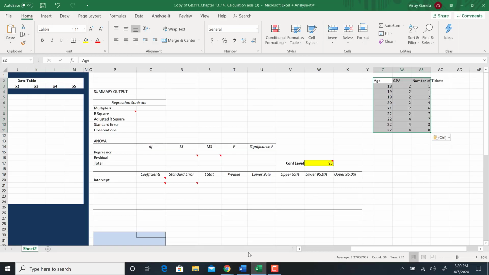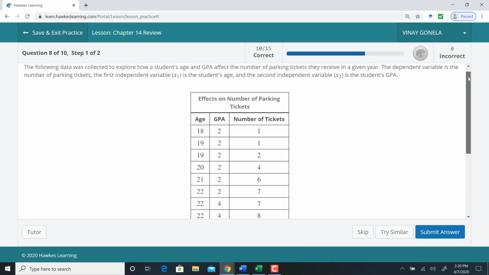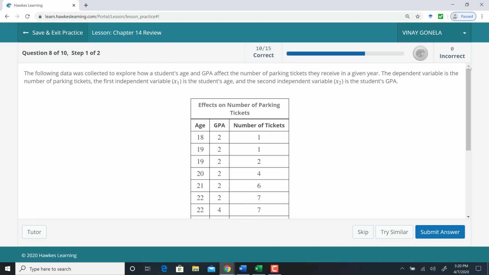Okay, so the question says the dependent variable is the number of parking tickets, which is our y, the independent variable x1 is the student's age, and the second independent variable x2 is the GPA.